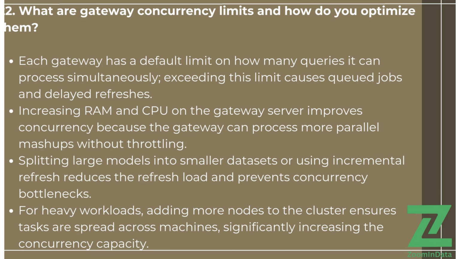Splitting large models into smaller datasets or using incremental refresh reduces the refresh load and prevents concurrency bottlenecks. For heavy workloads, adding more nodes to the cluster ensures tasks are spread across machines, significantly increasing the concurrency capacity.